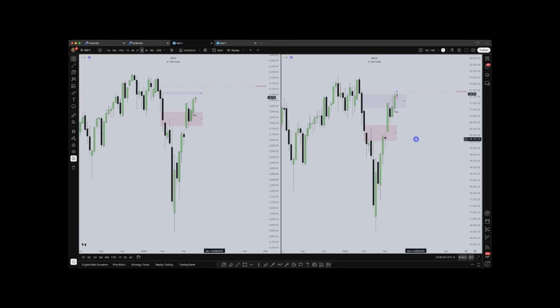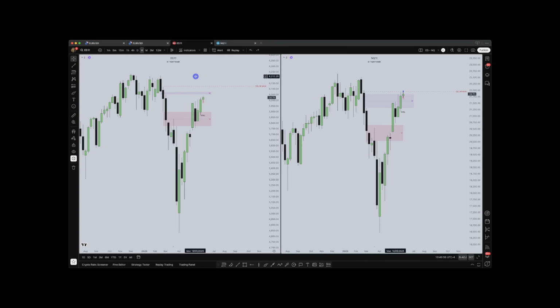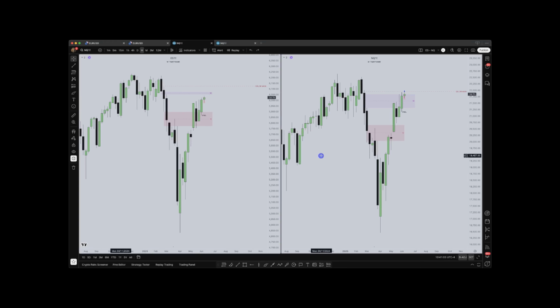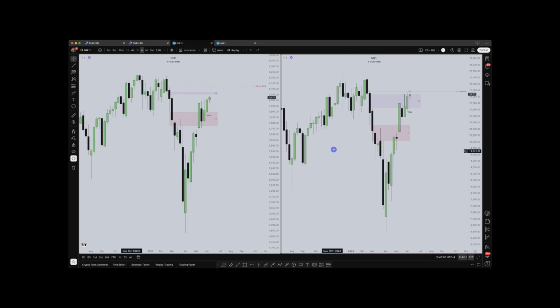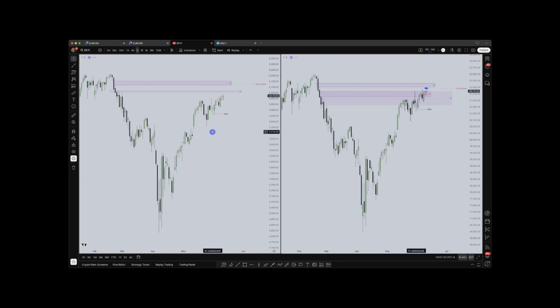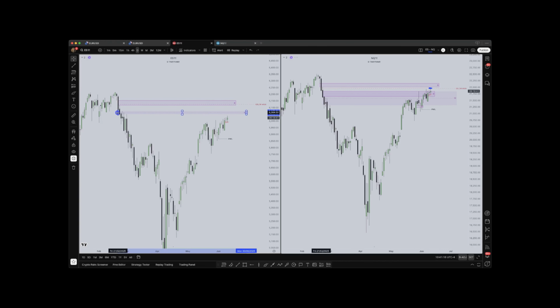So I'm expecting a market structure shift soon, maybe tomorrow with CPI, or Thursday, Friday we also have high impact news, but CPI tends to be a nice element which produces market structure shifts. So let's see what happens tomorrow. For the moment, price is still bullish, but I'm waiting for a retracement really.